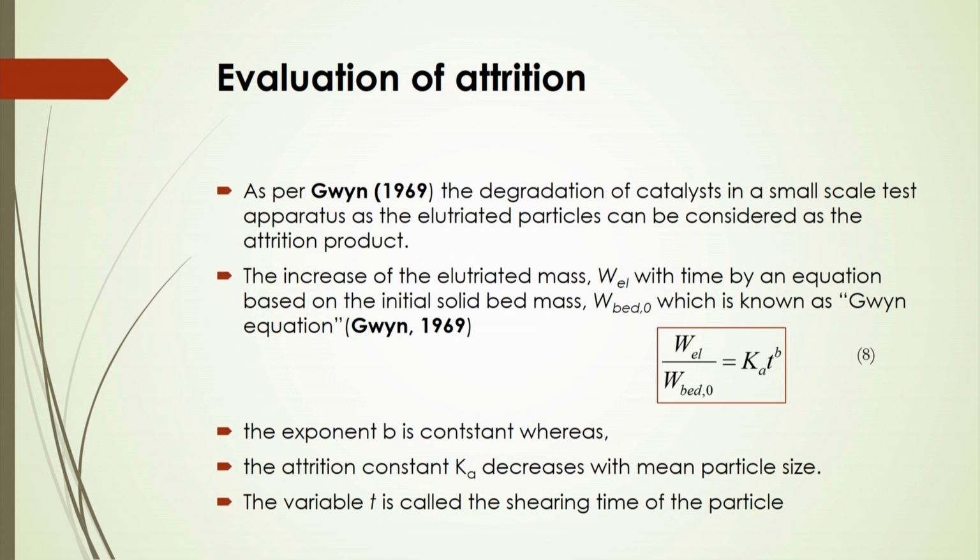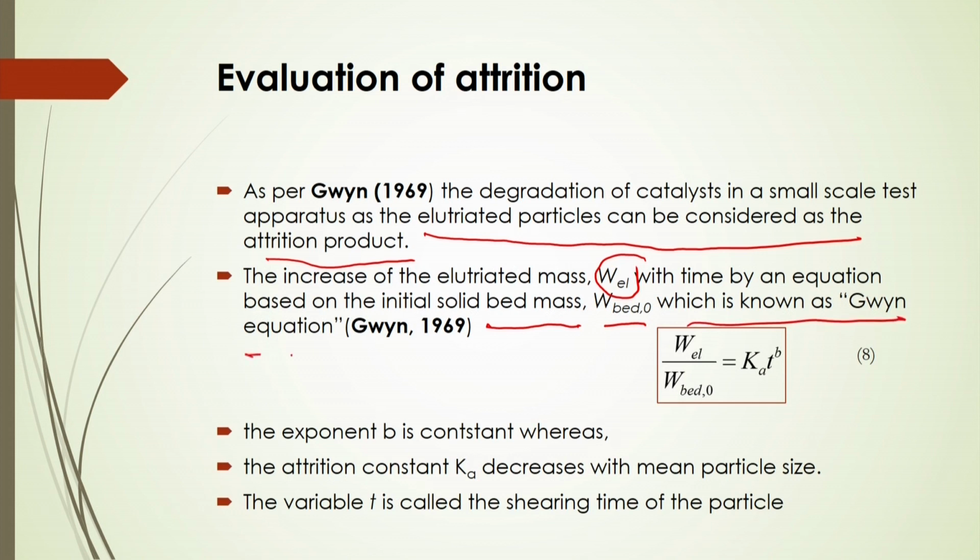As per Guin 1969, for the degradation of catalyst in a small scale test apparatus, by their observation the elutriated particles can be considered as the attrition product, and the increase of the elutriated mass, W E L, with time is given by an equation based on the initial solid bed mass, W bed 0, which is known as the Guin equation.